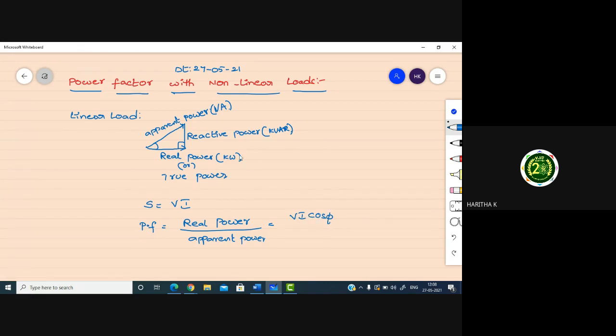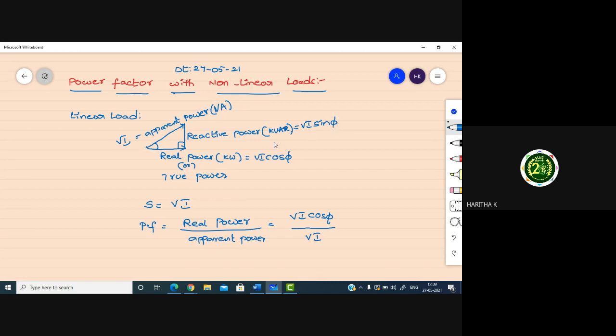The formula for real power is VI cos phi. V is the voltage, I is the current, and phi is the phase angle difference between voltage and current. So VI cos phi by VI. Apparent power is denoted with the letter S, and the formula for it is VI. And reactive power, the formula for it is VI sin phi.